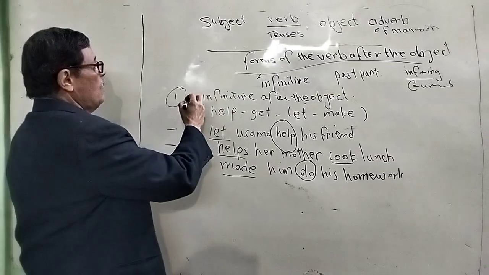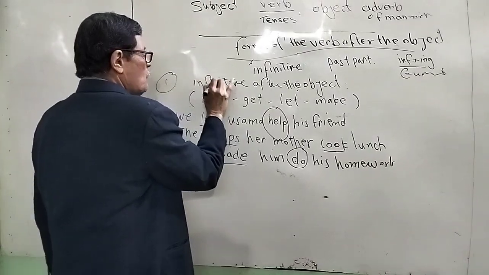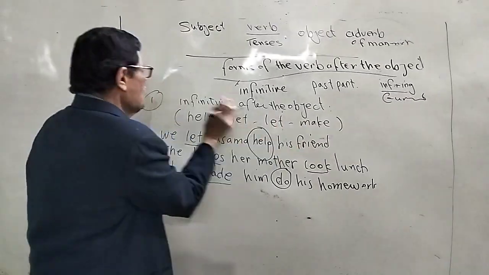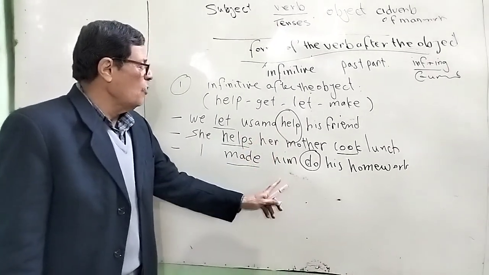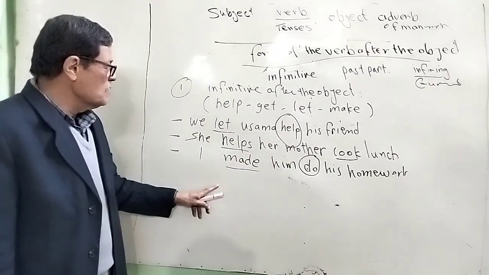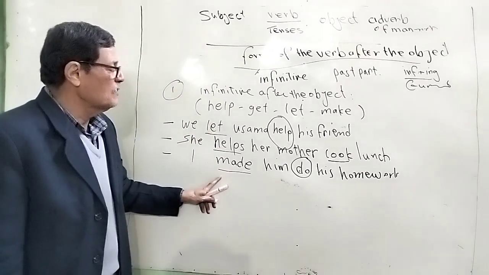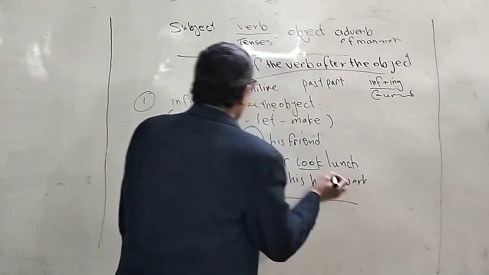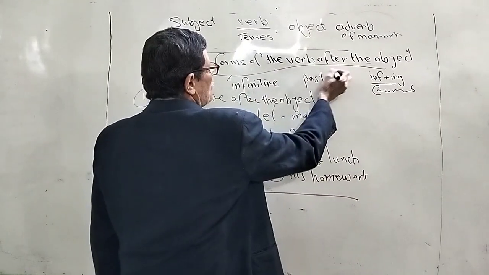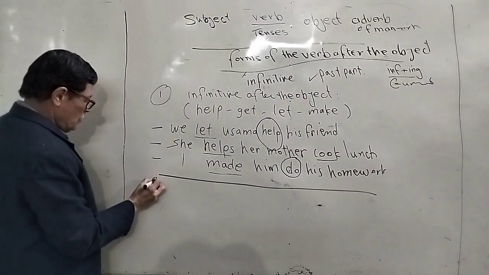So this is the first form of the verb after the object, infinitive. Why infinitive after the object? Because the sentence contains let, helps, made. So we use an infinitive after the object. Okay? What about past participle? Number 2.